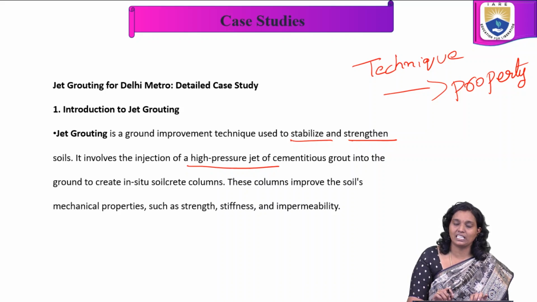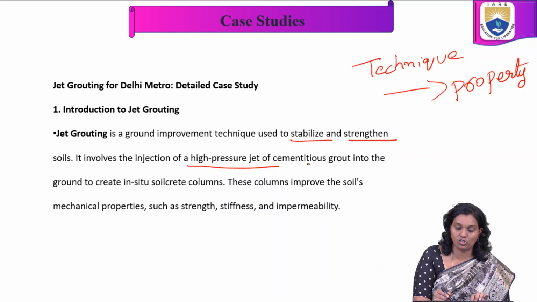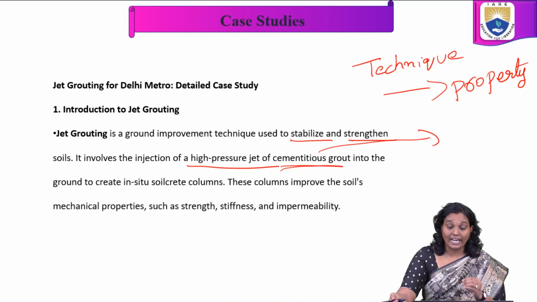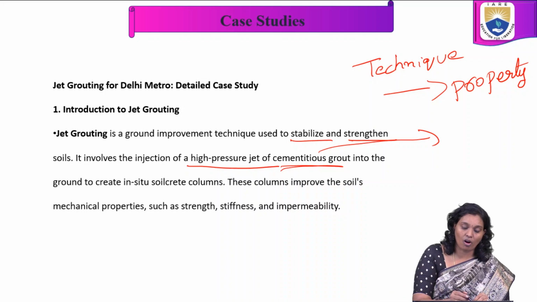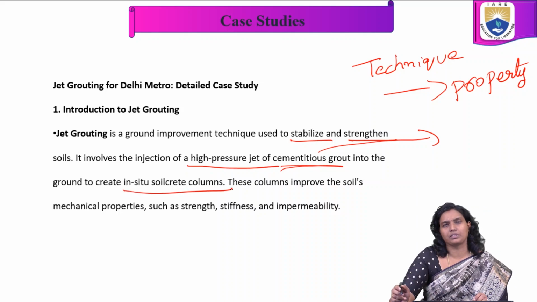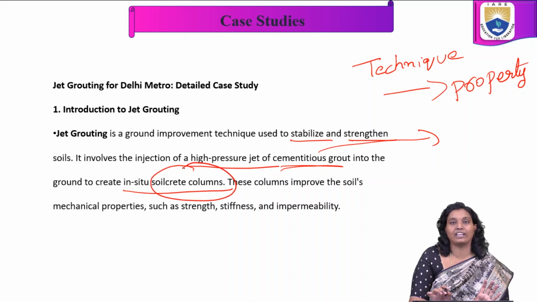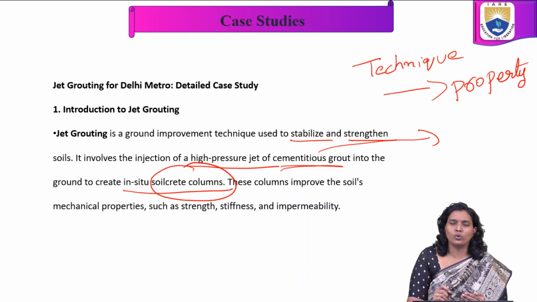It involves the injection of a high pressure jet of cementitious grout. It may be of different types, depending upon the requirement and what kind of material we choose, into the ground to create on-site soil-crete columns. How these soil-crete columns are helpful for getting the desired properties, and how we do all this, is involved in the jet grouting technique.